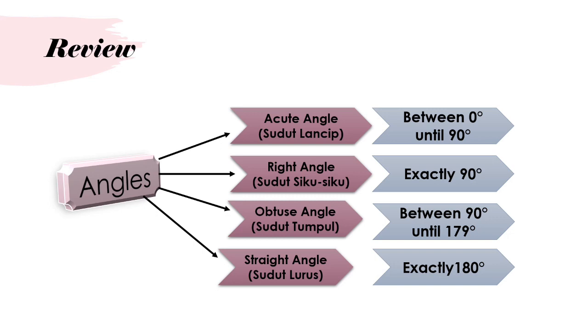For straight angle, it must be exactly 180 degrees. Jadi untuk sudut lurus ini, sudutnya harus tepat 180 derajat. If it's above than 180 degrees, it's not a straight angle. And for this chapter, we are going to learn about straight angle.